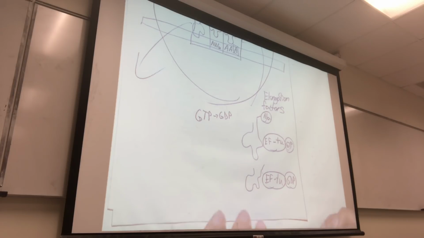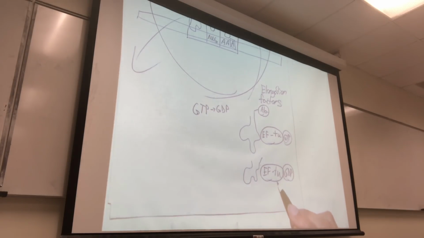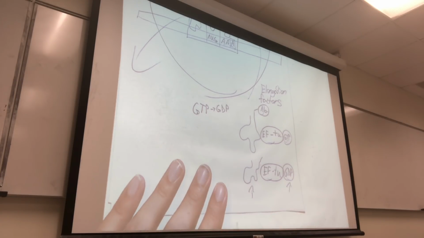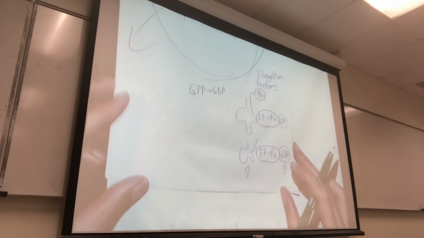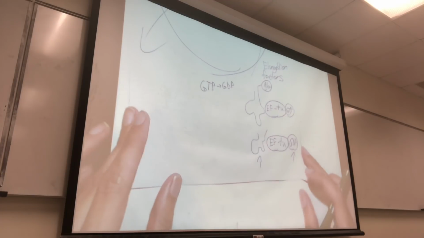All right? Now, this elongation factor TU's next job is to eventually go find the next tRNA to guide it to the ribosome. But the problem with that is it needs to get rid of this and it needs to get rid of that. So, how does it get rid of GDP and put on brand new GTP onto itself?